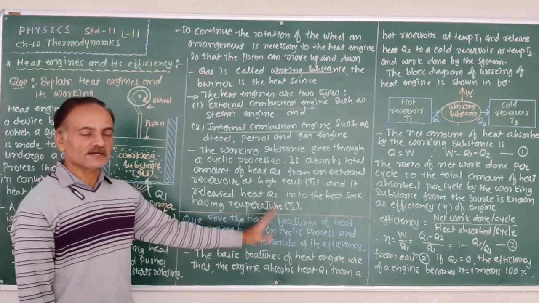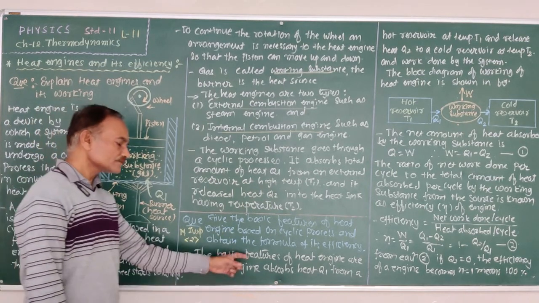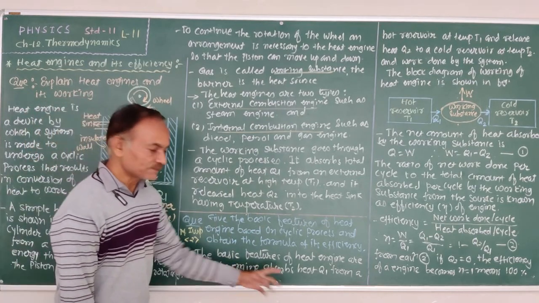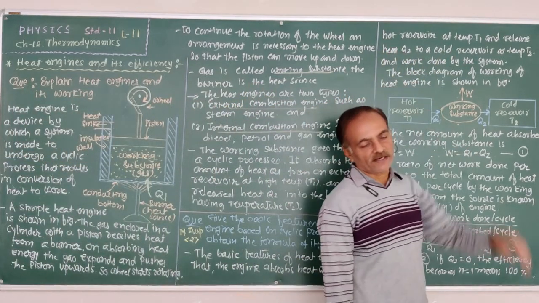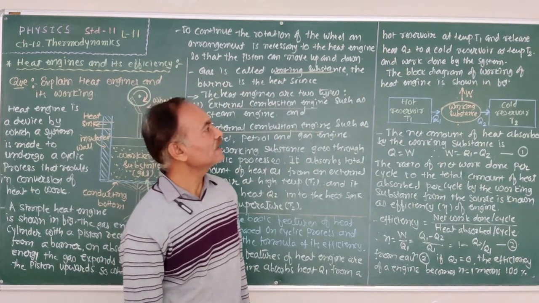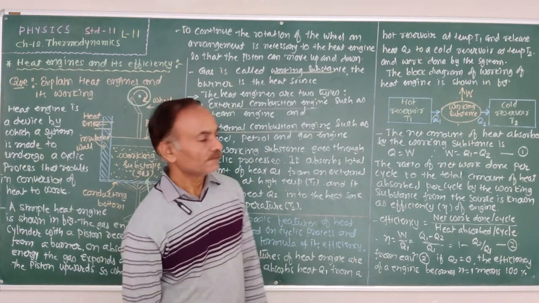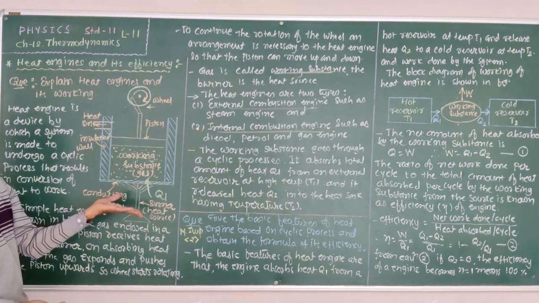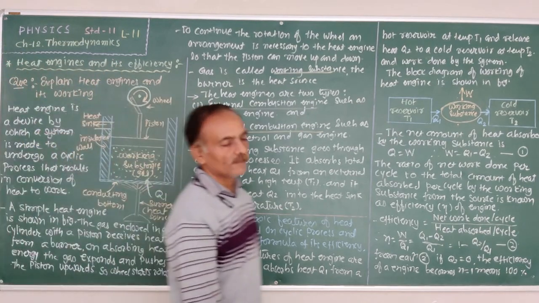Again, the basic features of the heat engine are: the engine absorbs the heat Q1 from a hot reservoir at temperature T1 and releases the heat Q2 to a cold reservoir at temperature T2 and work is done by the system. Because after absorbing the heat, the gas expands, and as a result the work done by the system pushes the piston up.